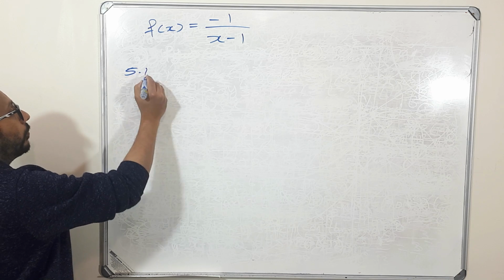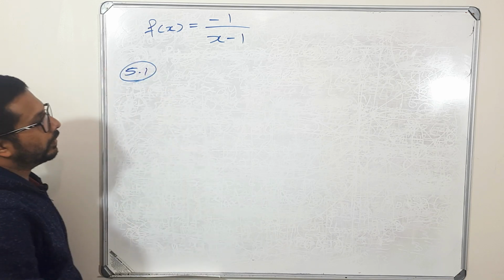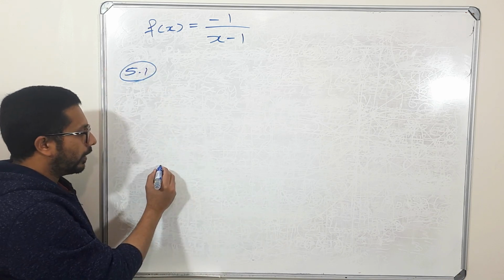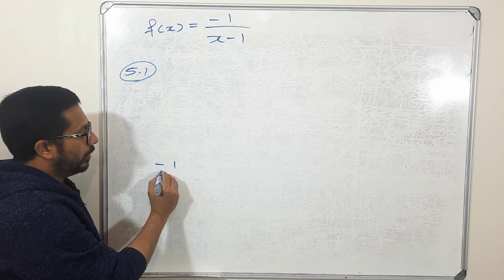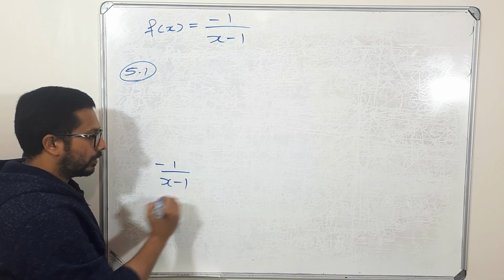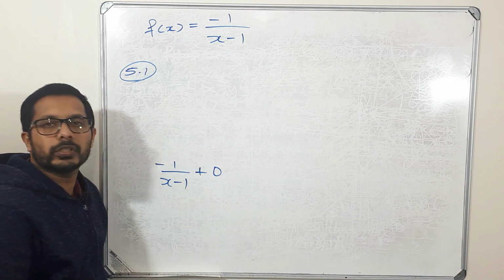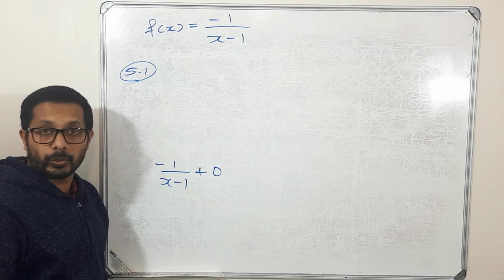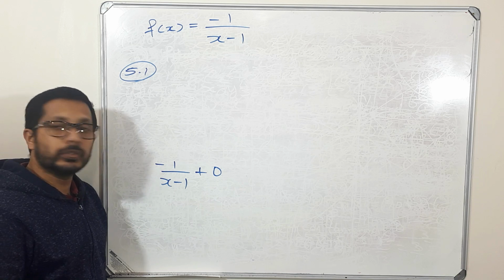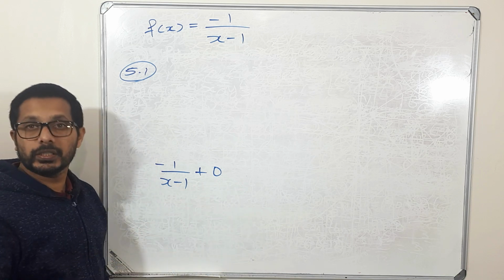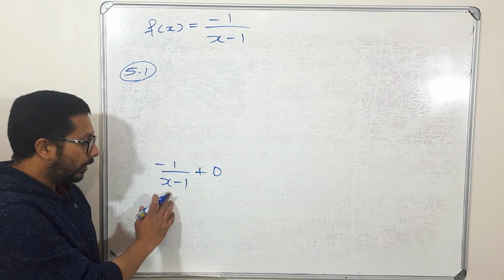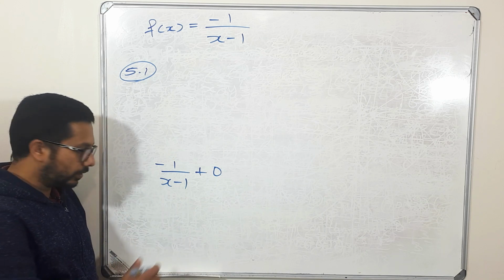Question number 5.1. So here in this graph, maybe I can write like this: minus 1 divided by x minus 1, that is there. Okay, plus, I'm just putting plus 0. Plus 0 means there is no change in the graph. So what are the asymptotes here?